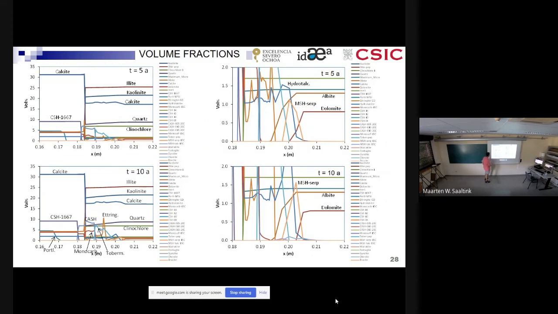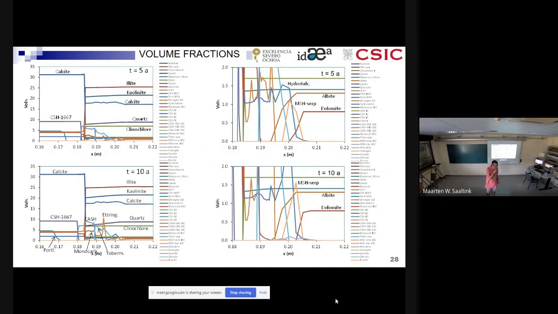Sulfate, yes, you do get sulfate. But in the concrete it is very obvious. You get the Portlandite dissolution for 10 years, for 5 years, Portlandite and CSH coupled with the dissolution front. It's kind of two main reactions. But for the clay, you have many things.